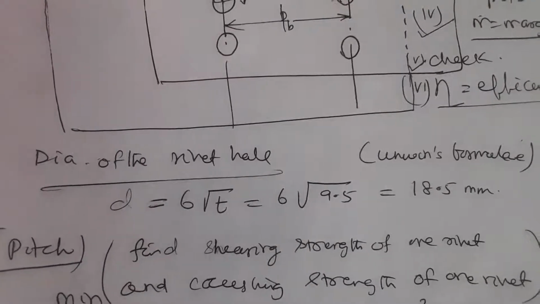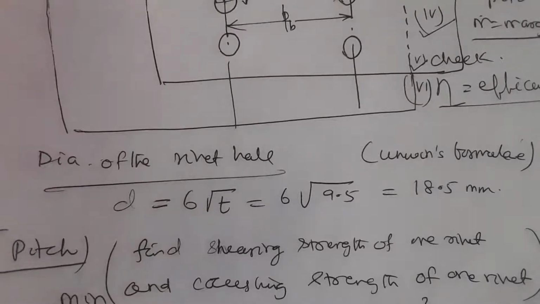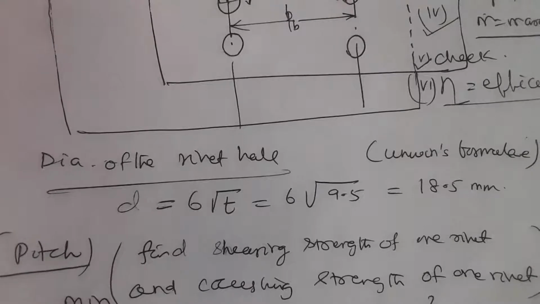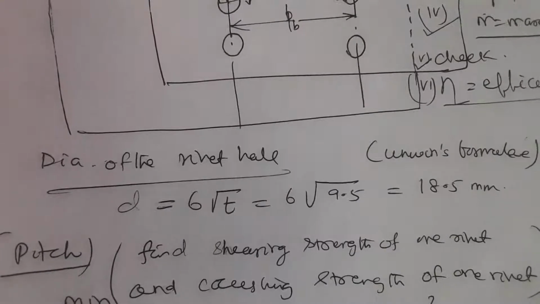And for crushing, d is 18.5, t is 9.5, and sigma c is 150 Newton per millimeter square, and the entire thing is coming out to 20.36 kilonewton.